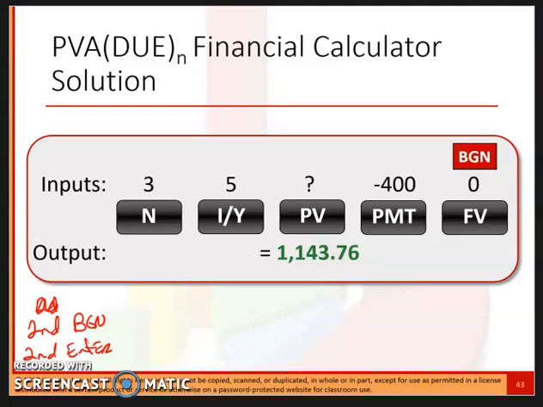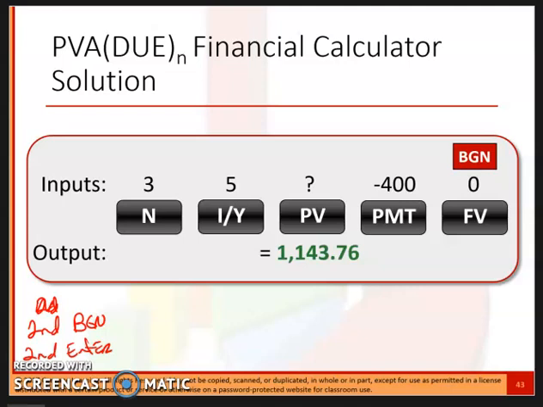All right, so then you should be in begin mode. If you don't have to re-enter since we already had this entered in the calculator, but if you do, it's 3N, 5I/Y. We're calculating the present value, negative 400 payment.